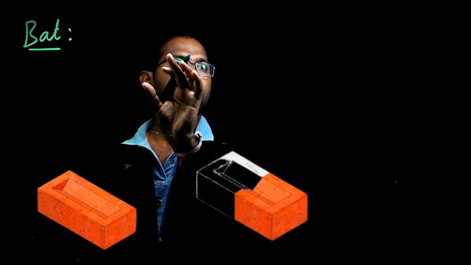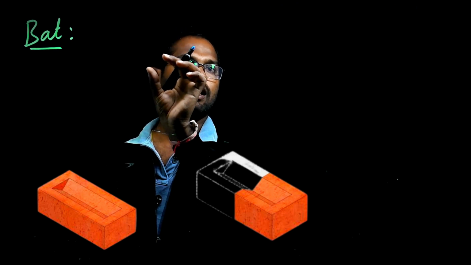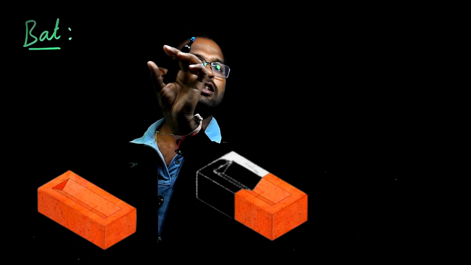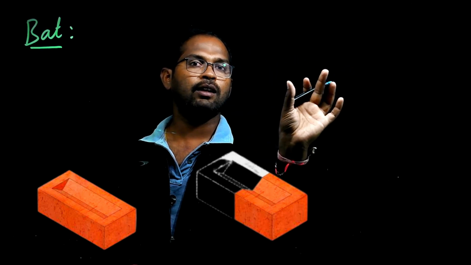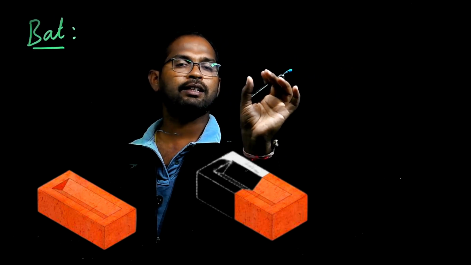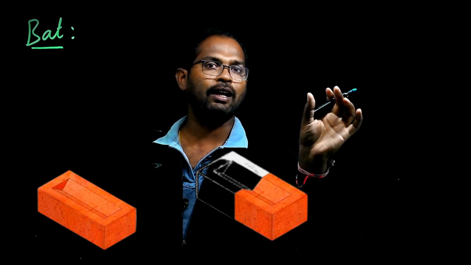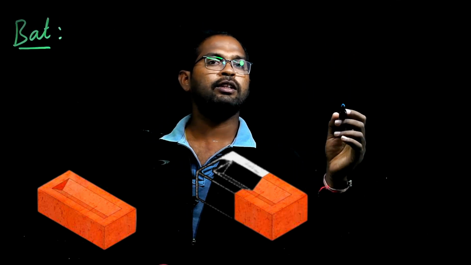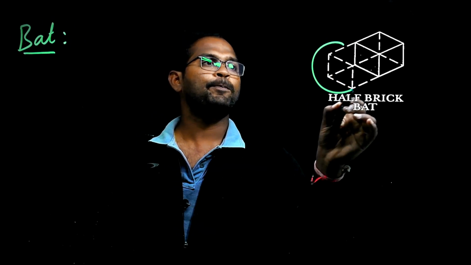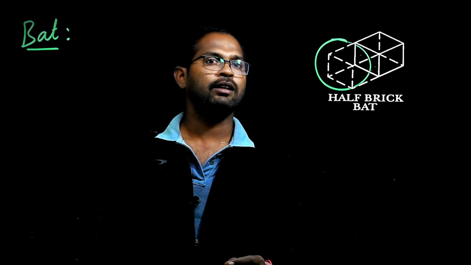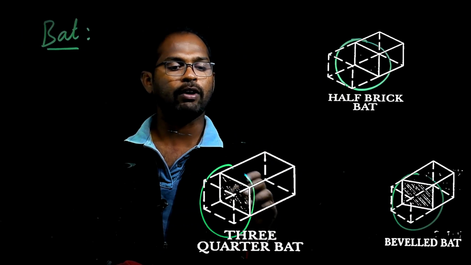The shape of the brick where the cut extends along the width of the standard brick is nothing but a bat. Three types of bats will be there: a half bat, quarter bat, beveled bat and three-quarter bat.